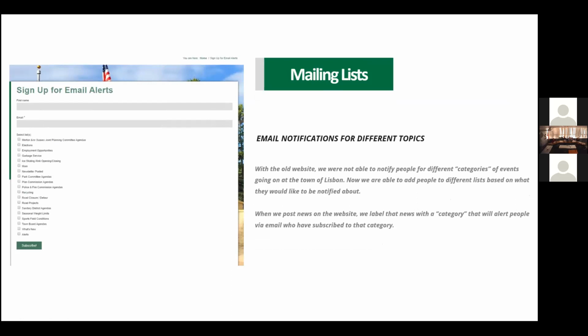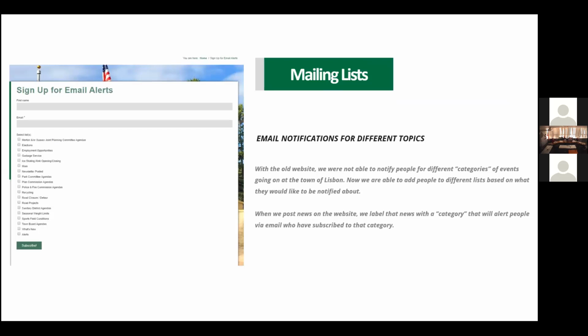So with the new system, people can subscribe to different categories. You can create a mailing list for that category, and any news item that we put on the website that's categorized correctly will go off into the news email for that category.